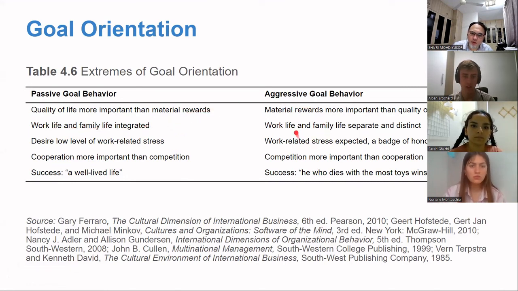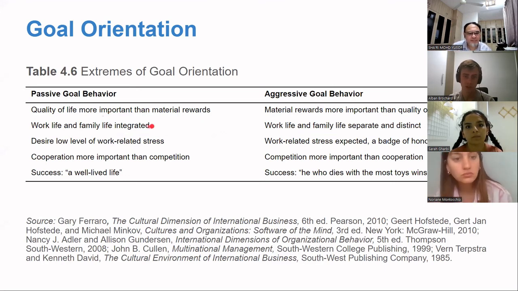For example, in this statement, work life and family life are separate and distinct. That means your aggressive behavior, you work. Here, no, you don't only work, you have family life. Integrated means you have some time for family life. Okay, I'll go for 7 then.